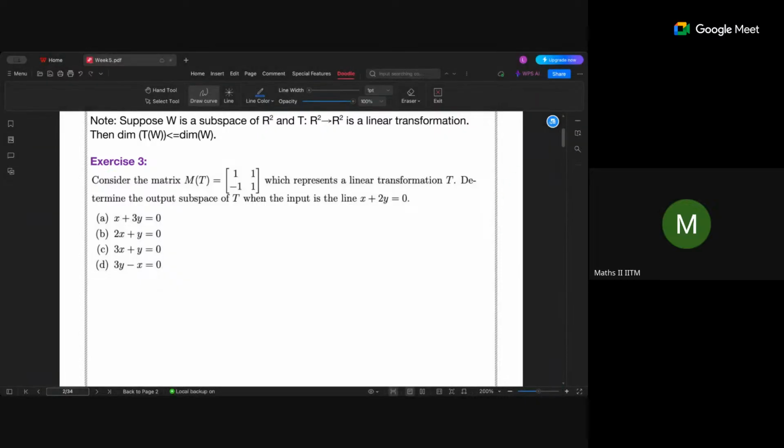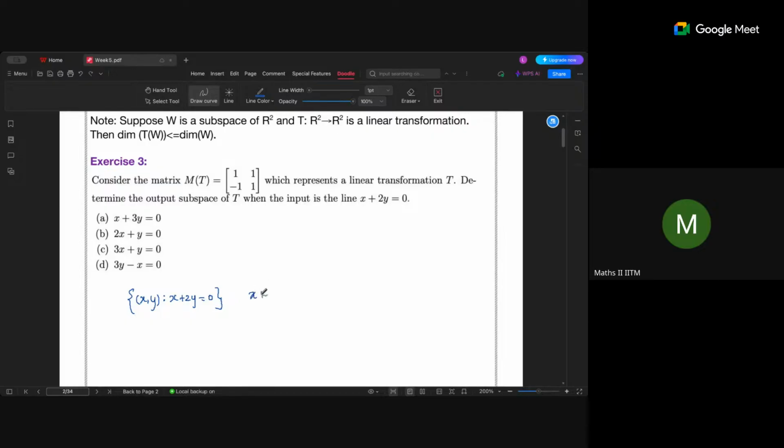Okay, so for this question, how are we going to check what is the output for the input line x plus 2y equal to 0? See, when you have x plus 2y equal to 0, we are considering the set of all (x, y) such that x plus 2y equal to 0, right?